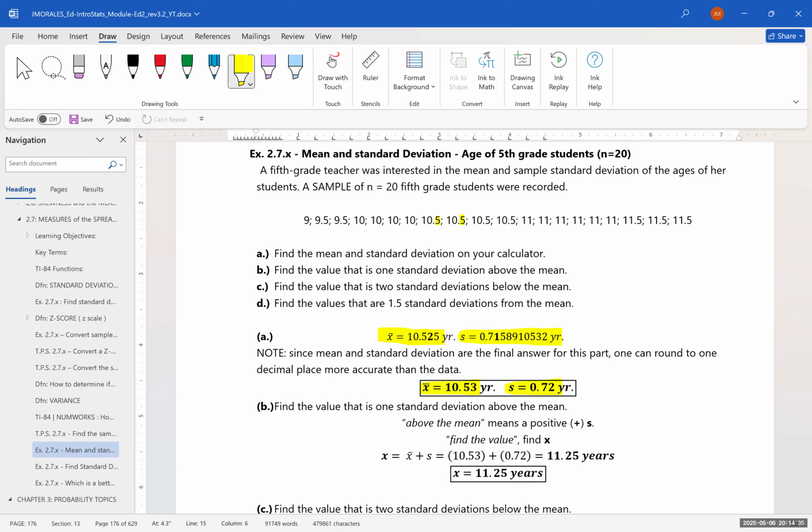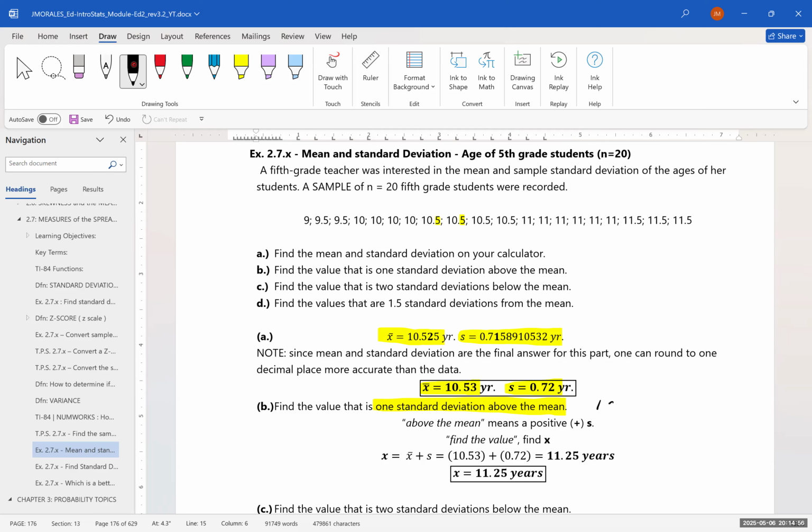Part B is find the value that is one standard deviation above the mean. Okay, so when we talk about one standard deviation above the mean, what we mean is, let's see here.